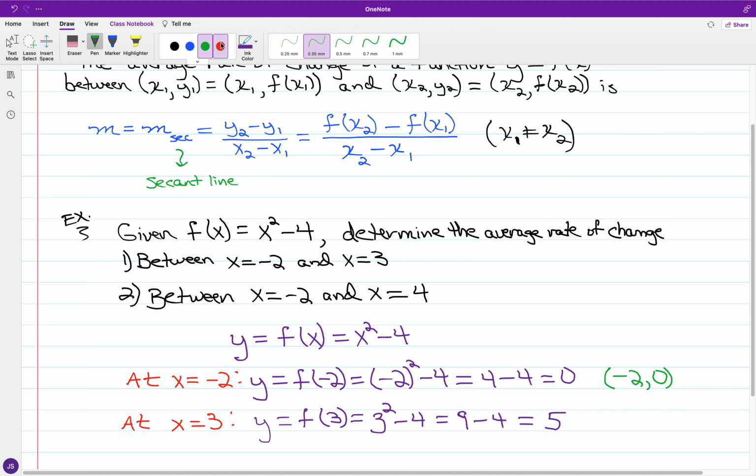So on the graph of y is equal to f of x is equal to x squared minus 4, included with the ordered pair -2, 0, we also have 3, 5.